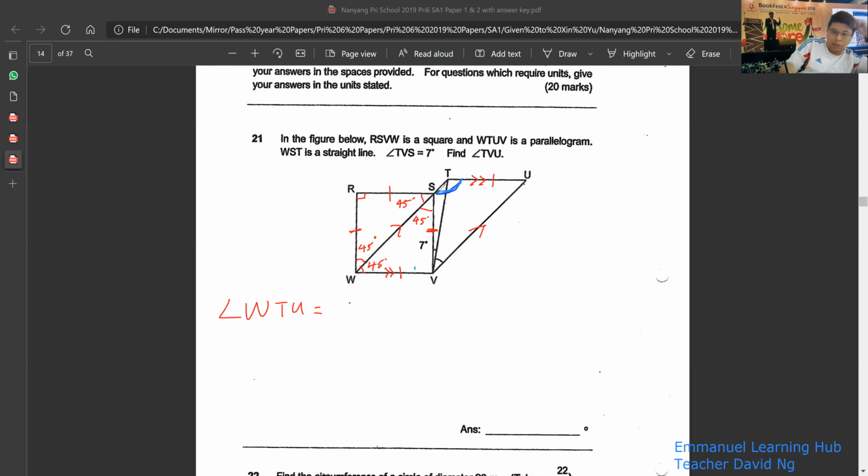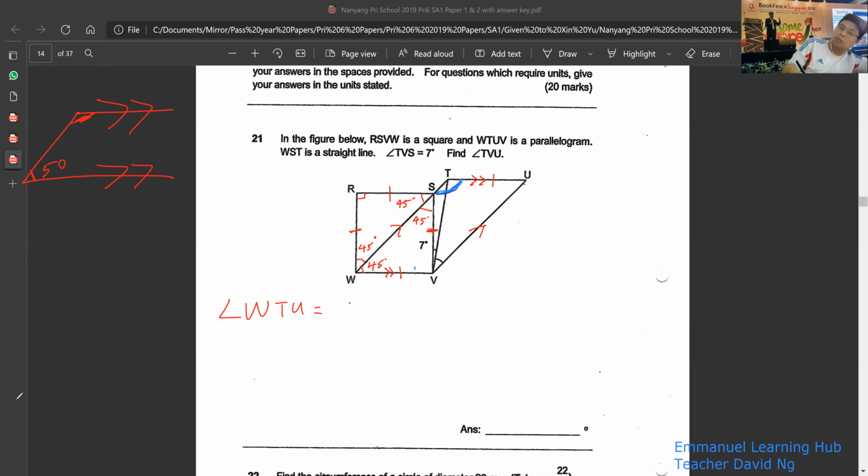How to find this angle? Let's say I have parallel lines. If I know this angle, I can find this angle, right? Let's say this angle is 50. I can find this angle, right?